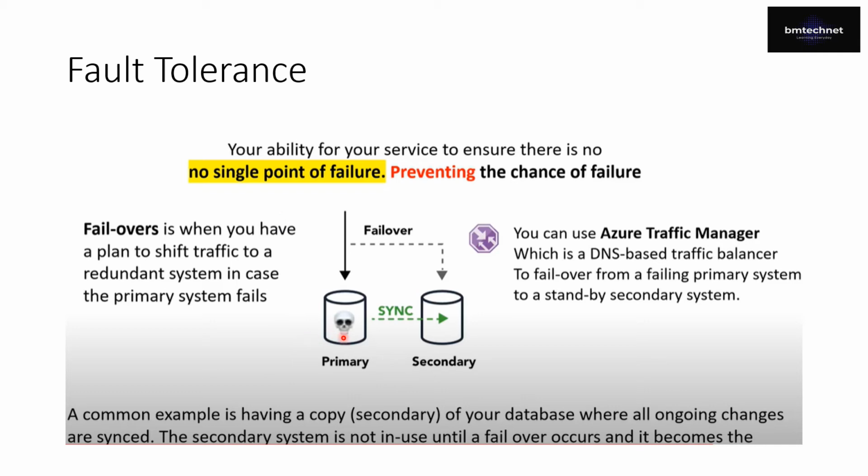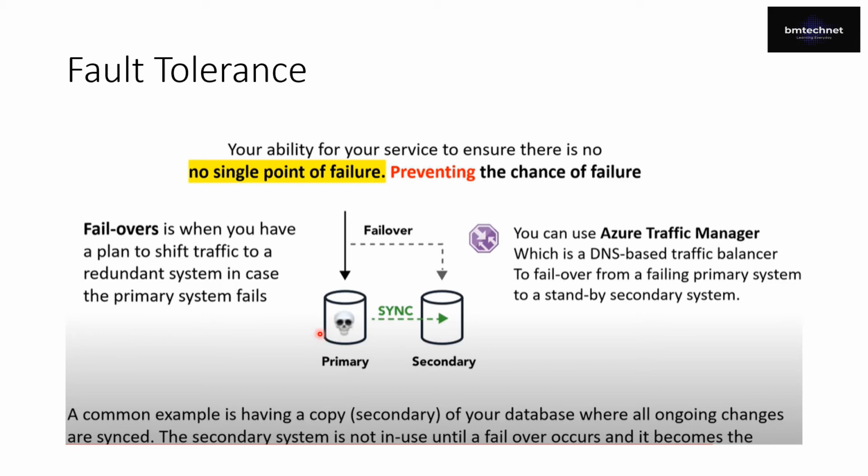For instance, we have this DB server here which is primary, and we have also configured a secondary server which is in standby. This one is primary and active, and this is secondary but in standby. The beauty is that the data is constantly syncing with the secondary server.